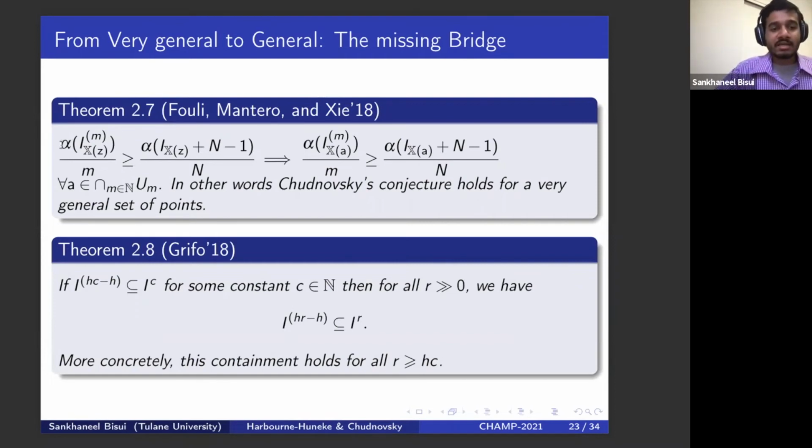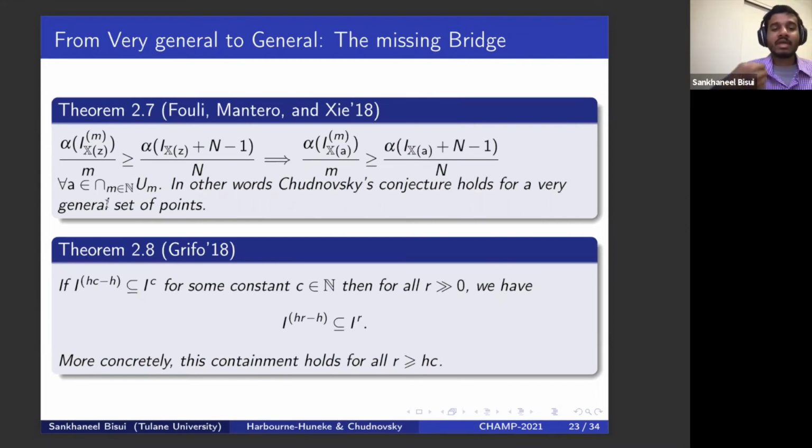The idea is to prove the containment or the inequality for generic sets of points, as it is here, that the ratio for a generic set of points is at least the ratio alpha(I)/(c) plus (n-1)/n. Then for each of these m, there would be an open set where the points will satisfy the inequality.